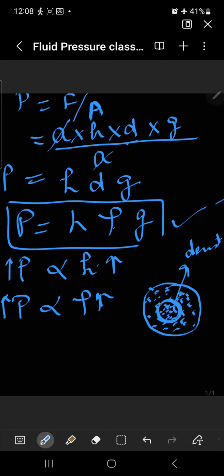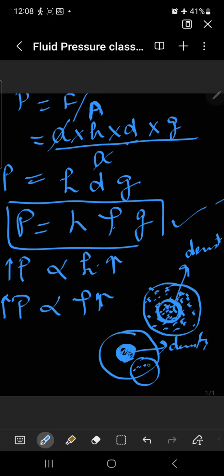We say population density of an area: where the maximum people are residing in a particular unit of area, that is known as the density of that area.